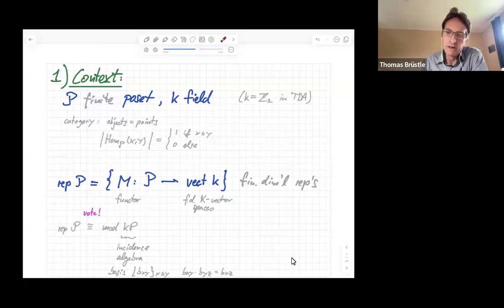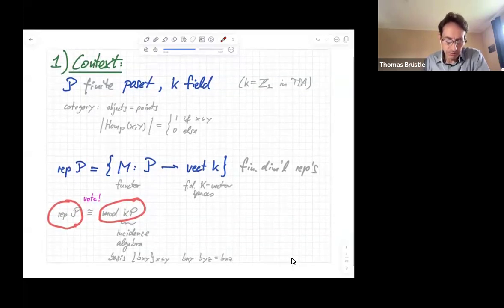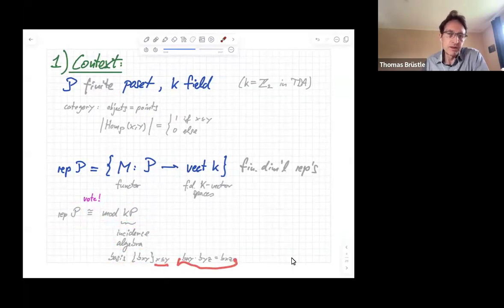In this sense, it really looks like representations of quivers. However, I do not know what your preferred background is. Instead of representations as functors, you could also study modules of the incidence algebra of the poset, the algebra whose basis is indexed over the ordered pairs, and multiplication of these basis elements follows transitivity.